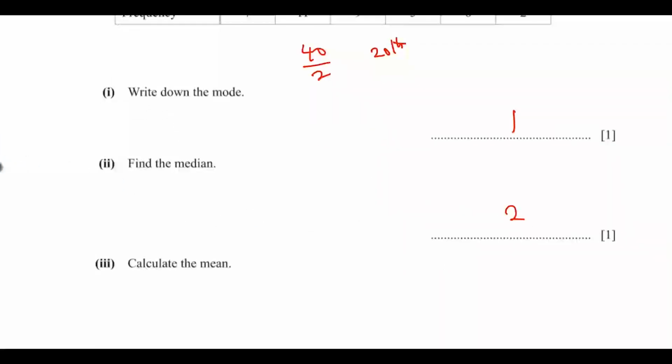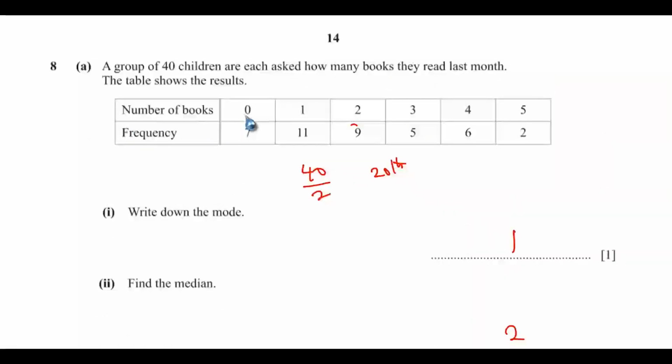Calculate the mean. To calculate the mean, you have to find the products. So this will be 0 times 7, that will be 0. Then 1 times 11, 11; 2 times 9, 18; 3 times 5, 15; 4 times 6, 24; 5 times 2, 10. You add these numbers together and you should get 78.